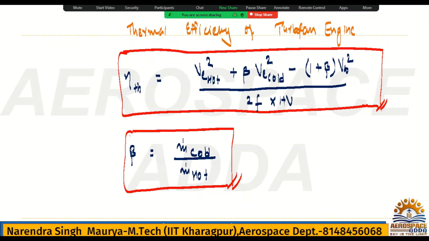All right, so if you talk about the thermal efficiency for the turboprop, then how to write?